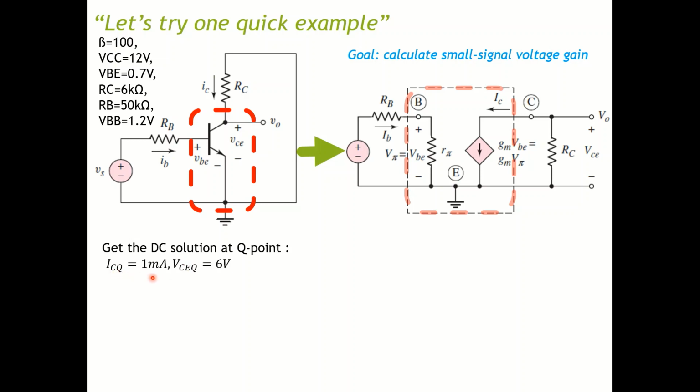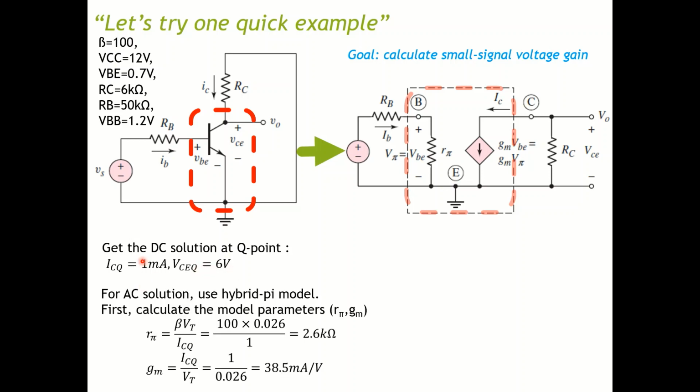So my ICQ is going to be 1 milliampere and VCEQ is 6 volt. Next we need to calculate the AC solution for our hybrid pi model. Remember, if you start using the hybrid pi model, the first thing you need to tackle is to plug in your equation for r pi and GM.